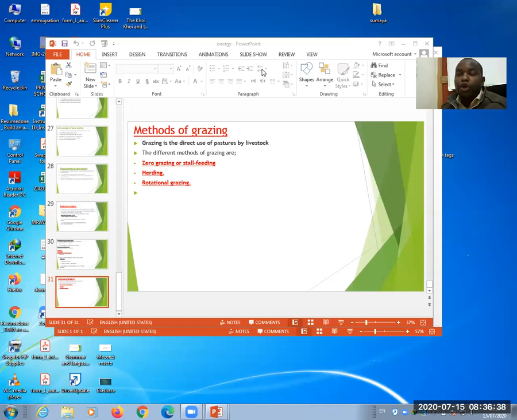Then we also defined what pasture is. We said pasture has got two definitions. That is a piece of land basically set aside for the purpose of grazing.